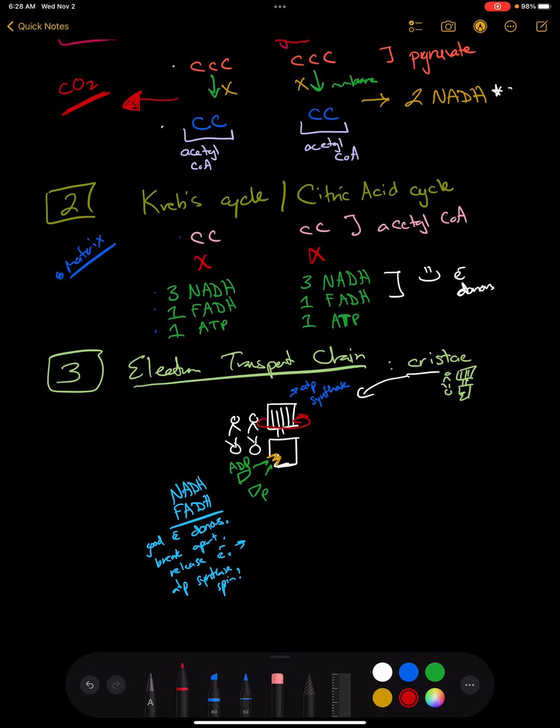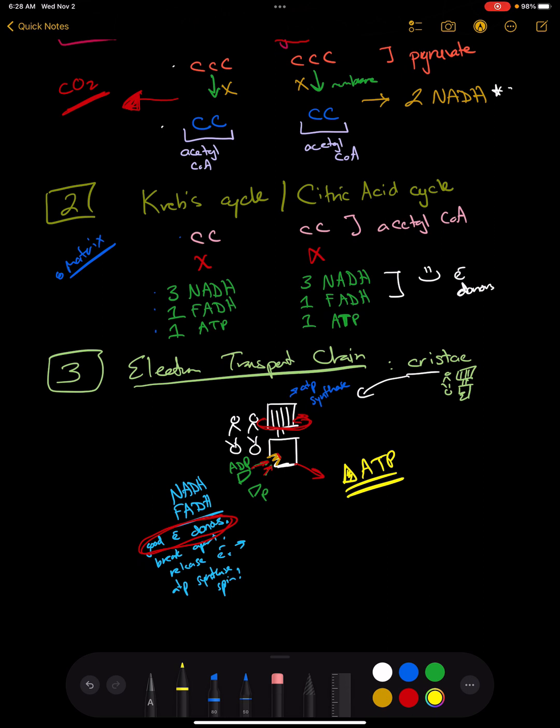Well, to make him spin, that's where I need the electrons from the NADH and the FADH, right? So these electrons help the wheel spin. And when that wheel spins, that's going to take the ADP and the Pi, it's going to force them together, and then out the other side, I'm going to get my ATP molecule.